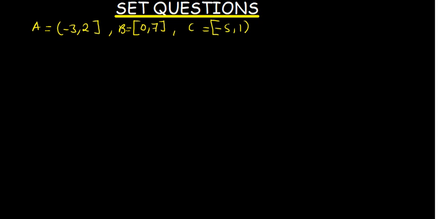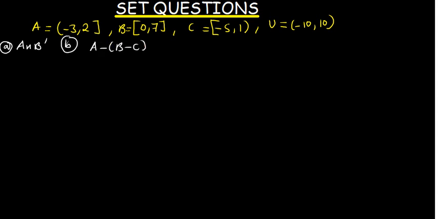And then we've been given also the universal set U, which is from -10 up to positive 10. So the questions are, we want to find A intersection B complement, and also we want to find A minus B minus C complement.